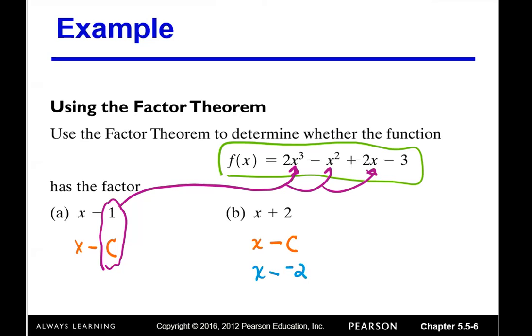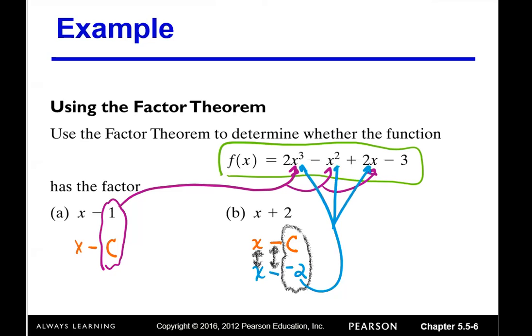There has to be a minus sign right here. That has to match. And now I know that c is really the negative 2. And so on this one, you're going to plug in negative 2 here and here and here. That's the way I would do it.